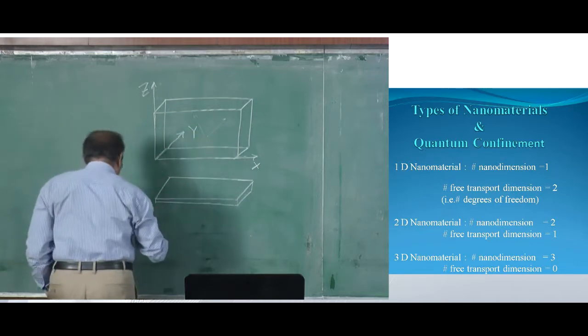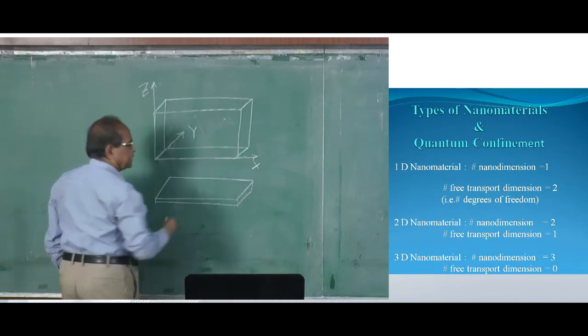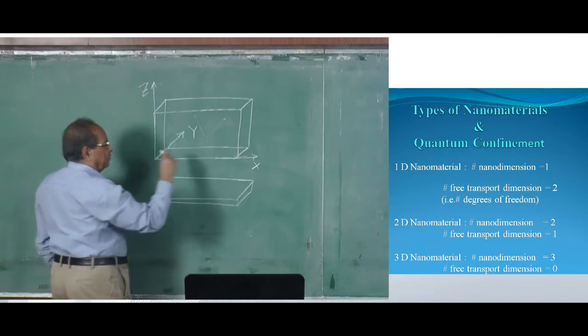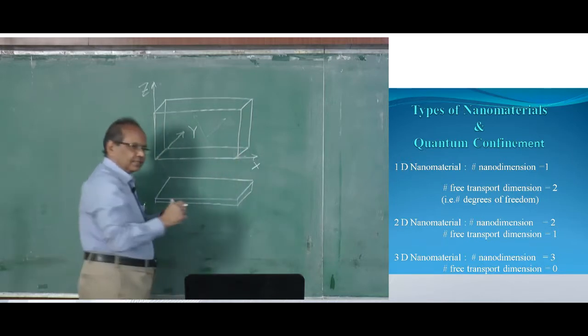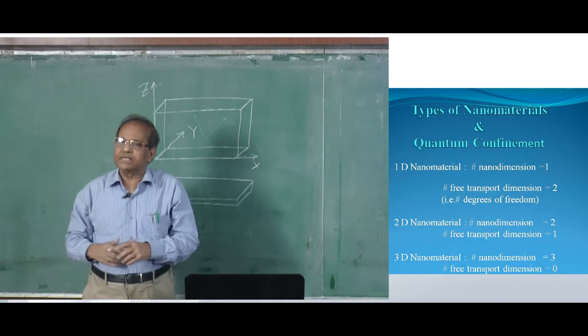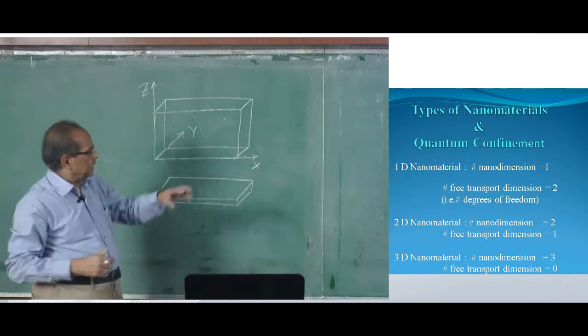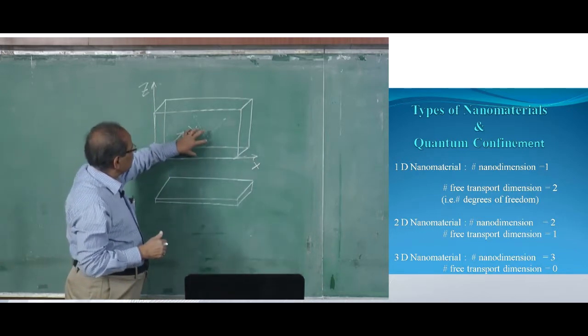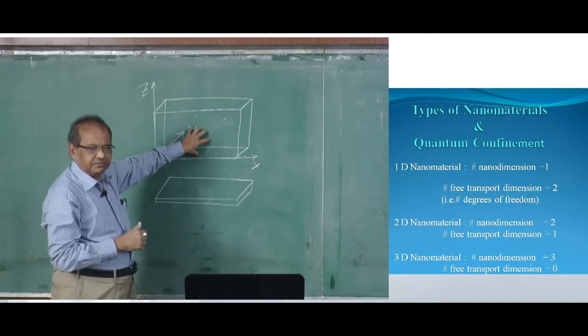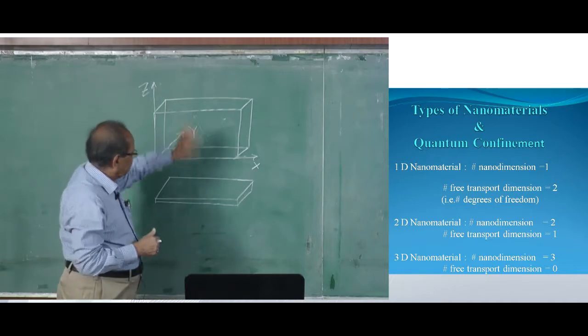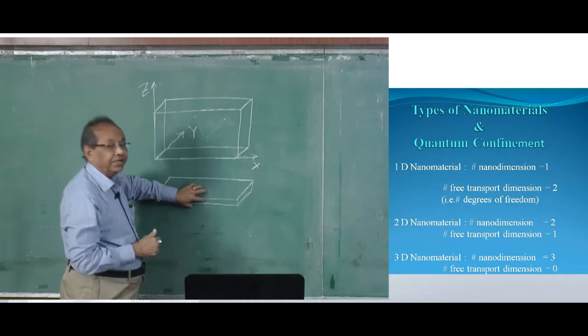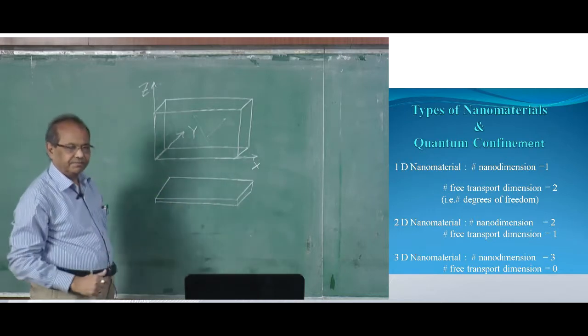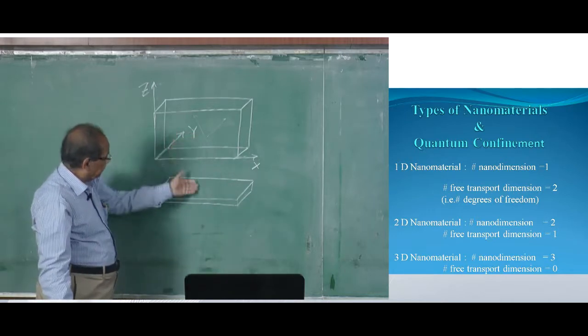The free electrons are moving here with energy in all the directions. Now, in scientific language, I must say that the energy structuring of the electron here and the energy structuring of the electron here are drastically different. Material remains same.